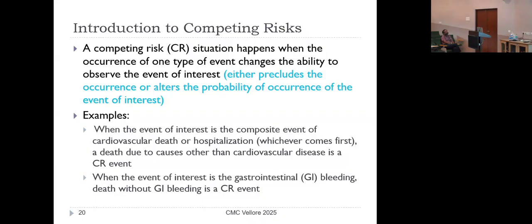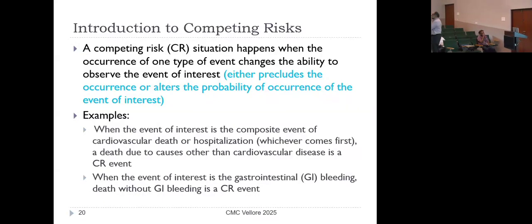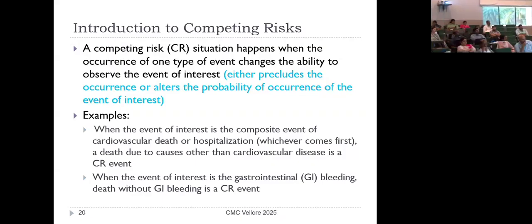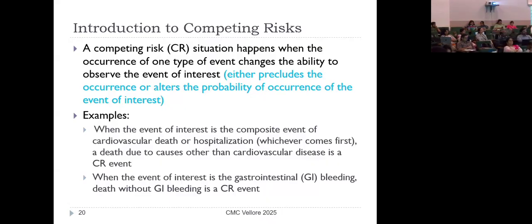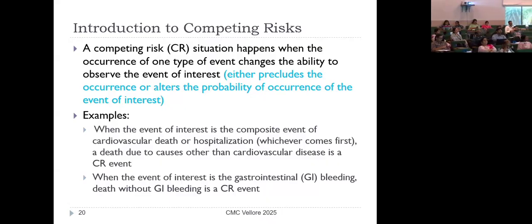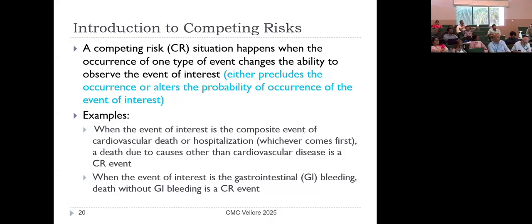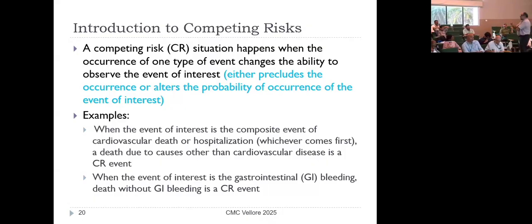So one is the competing events, which we'll talk about now, but the other one is, if I want to look at all the events that may occur to this person. So people talk about the trajectory or the clinical evolution of the person. First they get a heart attack, then they get hospitalized, they get out, they get treated, now they get a stroke. And now they get a second stroke, and then they finally die. So do we care about that, or we just care about the first?